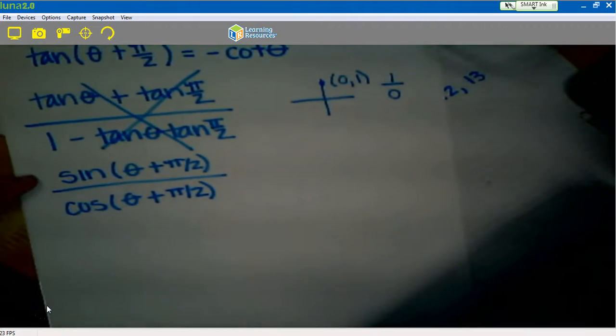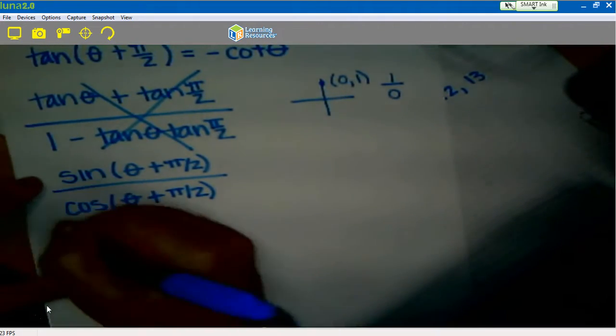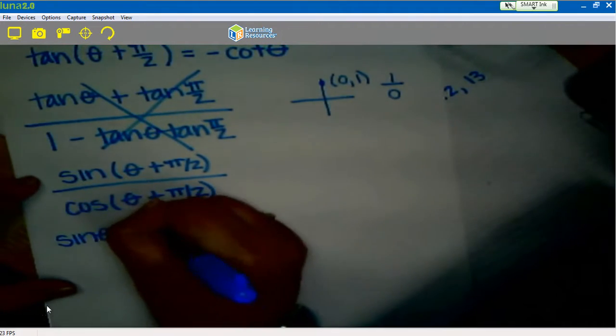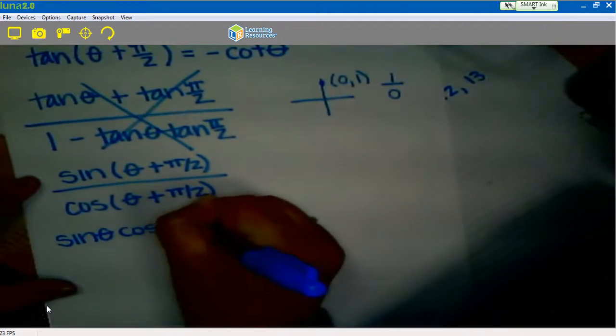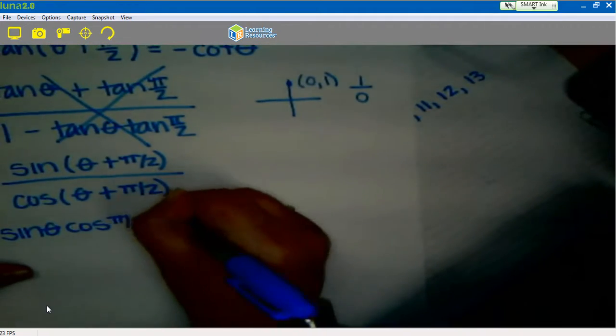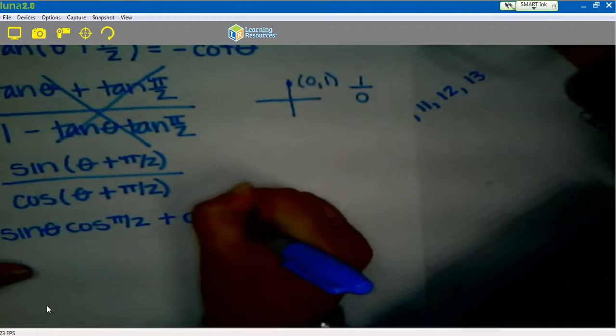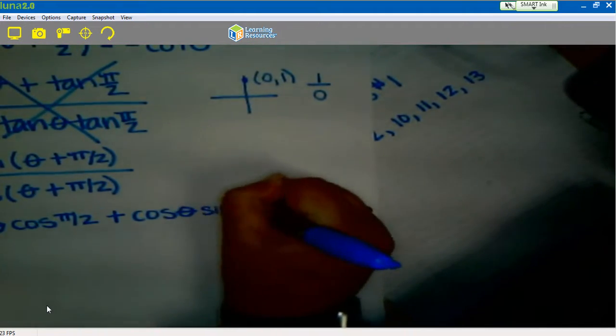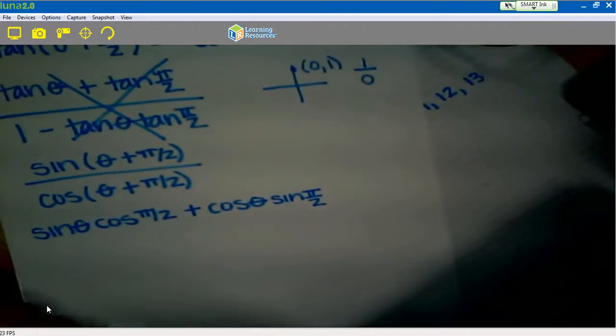We're going to first expand out the sine. So this is sine theta cosine pi over 2 plus cosine theta sine pi over 2.